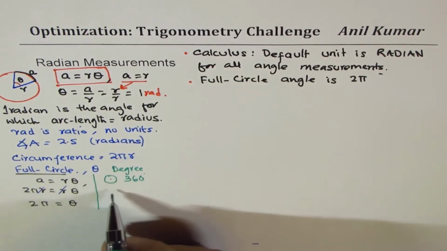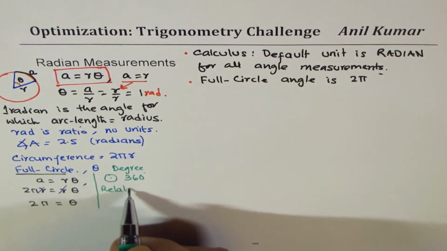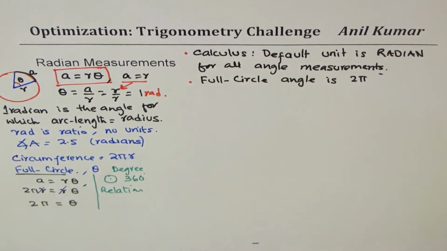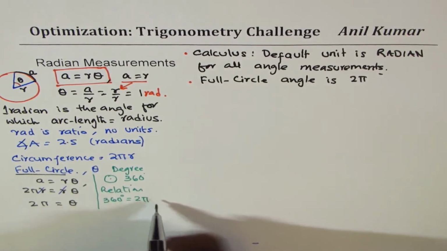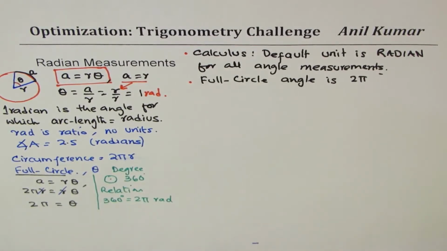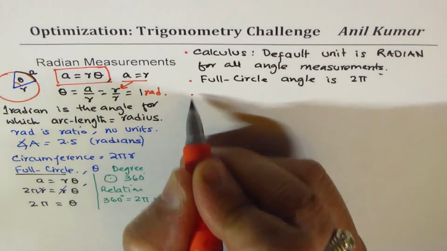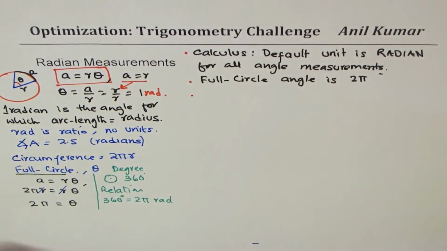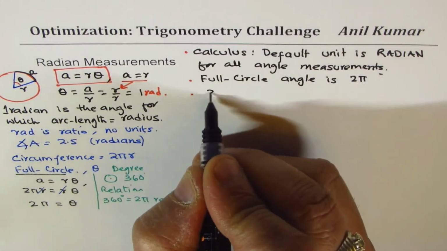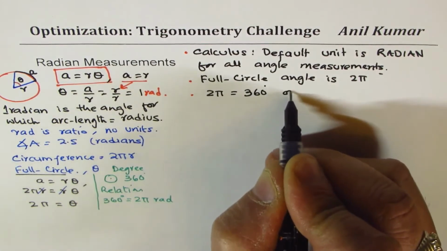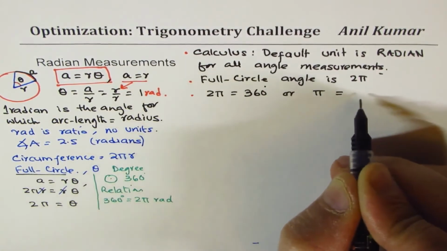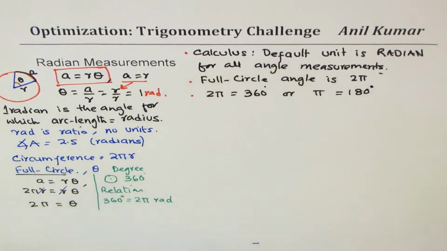So the relation between degrees and radians is that 360 degrees equals 2 pi radians, correct? So if you have to convert the units, 2 pi is equal to 360 degrees, or pi is equal to 180 degrees, right?